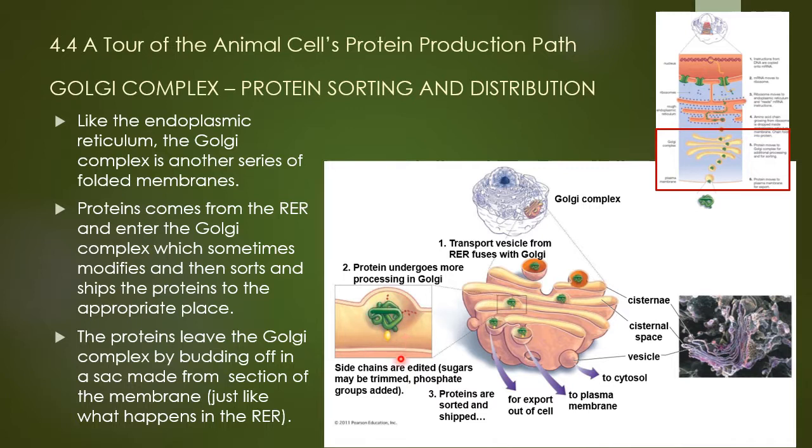Sometimes some things are added to it or changed a little bit. And then proteins get sorted and shipped off. So just like how they left the rough endoplasmic reticulum, the Golgi apparatus membrane will fold around the protein and will send them off to where they need to go from there.